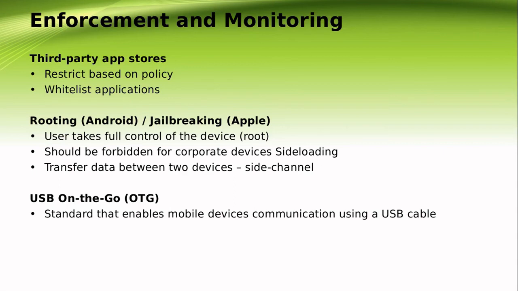USB On-The-Go allows USB devices such as tablets and smartphones to act as hosts, allowing other USB devices such as USB flash drives, digital cameras, mice and keyboards to be attached to them. Apple doesn't allow USB OTG. Attaching USB devices can pose a security problem, as it may make it easy to steal information.